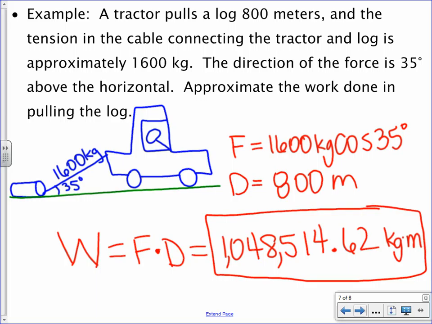You'll also see some foot pounds, feet times pounds. Whatever your labels are, you have to multiply those together as well. The biggest thing here is that the force has to be the component in the direction that it's moving. Most of your examples are going to be horizontal.